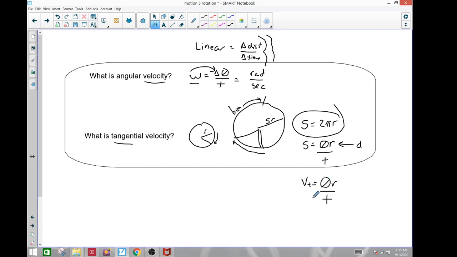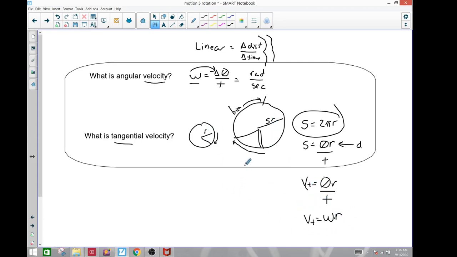One last thing we'll mention here. Notice that angular velocity is angle per time, and we have that right here. So tangential velocity is also equal to the angular velocity, how fast you're turning around per time, times r, the radius. This guy here has 5 times the radius, and there are no squares or anything like that.